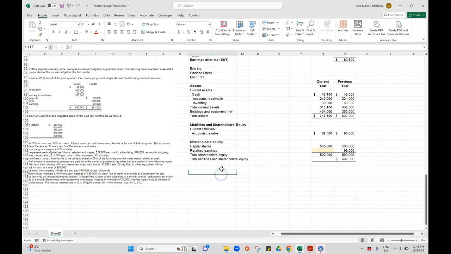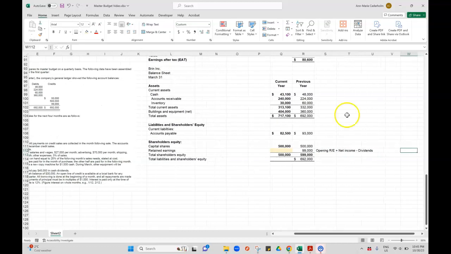So what I can do is tell you that opening retained earnings plus your net income minus your dividends equals your ending retained earnings. And I'll just say current quarter, previous quarter. So let's try and do that.